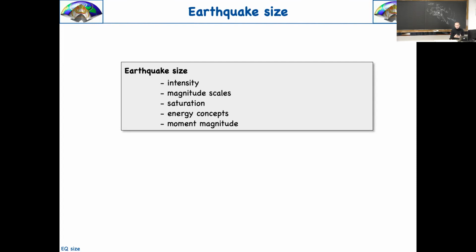The key issue is that intensity is not a single number. You have an earthquake, and you are going to measure or to describe or to collect the effects on, for example, urban settlements and something like that. But you may have many numbers for one earthquake, while magnitude aspires to be one number.